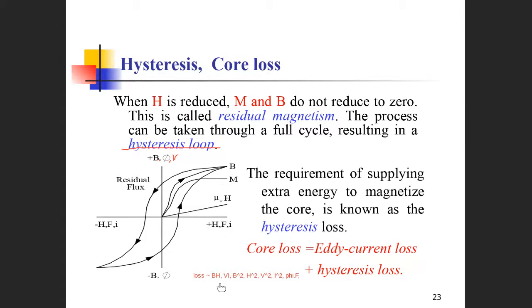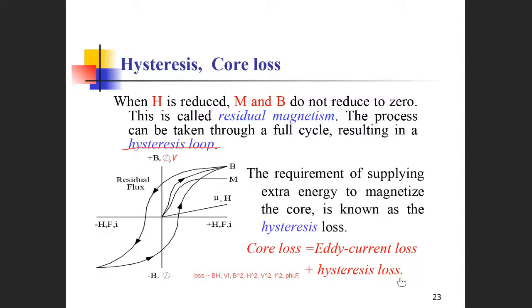That is why in practice BH is an energy representative, VI is an energy representative, B squared, H squared, V squared, I squared, or even phi and A. They are all symbols of energy, because they are proportional to each other. As a result, the core losses include two parts: eddy current loss and hysteresis loss.